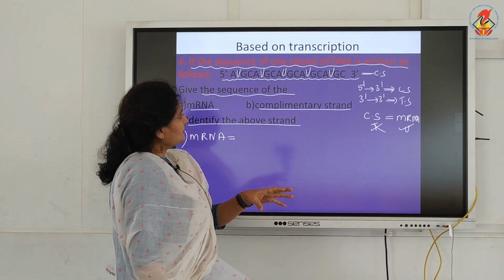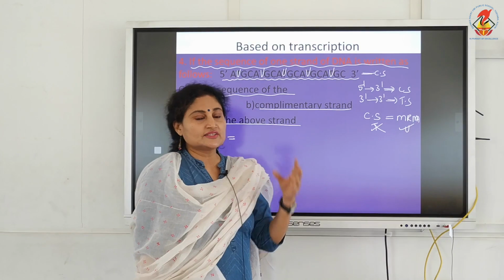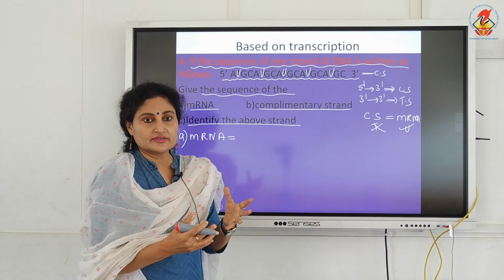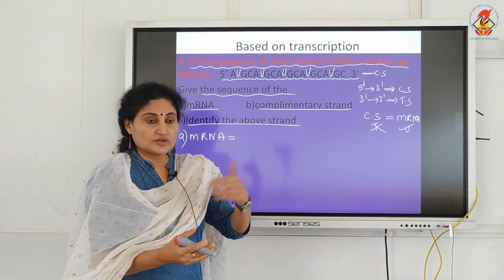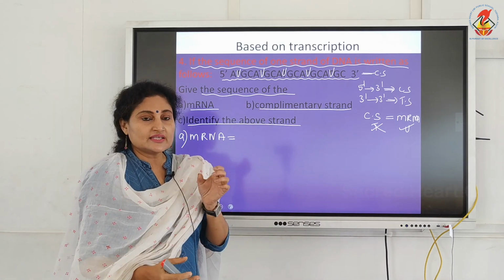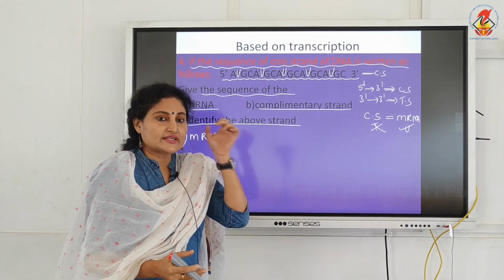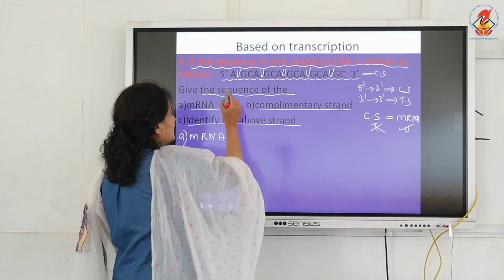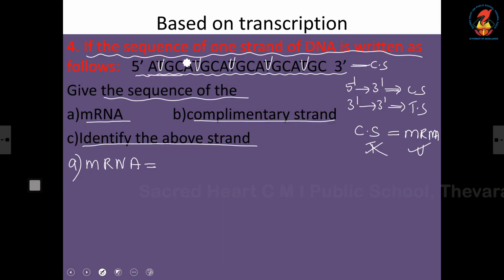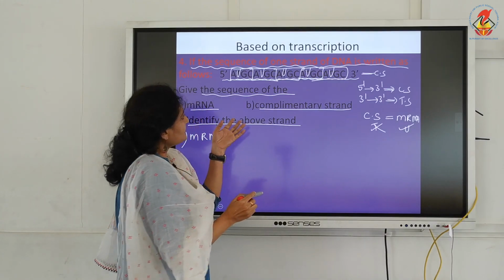Another thing I am telling you, the CBSE is so child friendly that it gives the bases not so much shuffled for you to find it difficult to transfer. They give it in such a way that one particular slot gets repeated. Here, if you identify, you can see ATGC is the slot that gets repeated, 1, 2, 3, 4, 5 times.